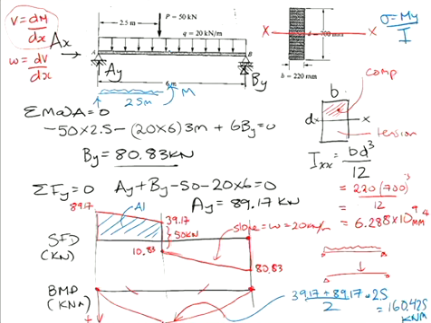Because if I was to draw the stress distribution, now normally when we draw the stress distribution, we draw it related to the cross-sectional area. So we draw it like so. But the stress distribution on that cross-section is actually coming out of the page, because my beam is coming out of the page.